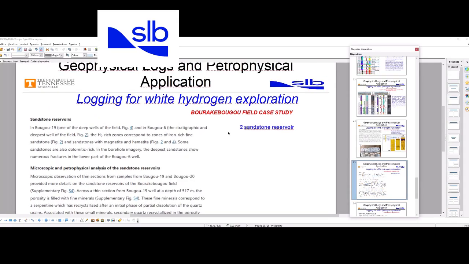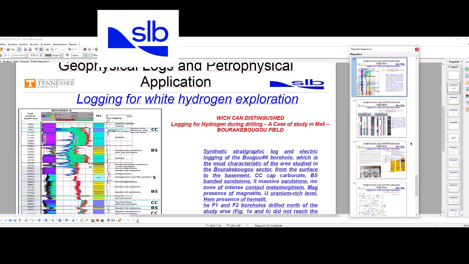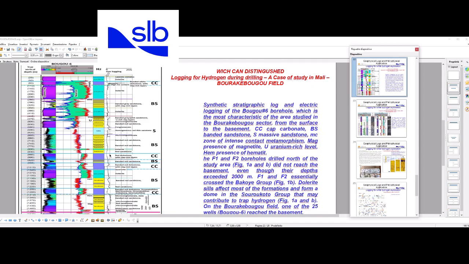So the second type of reservoir is in sandstone. The sandstone is here, and the first dolerite is this, with precipitation and contamination of other minerals and karstic reservoir.